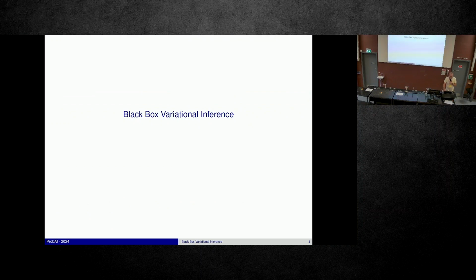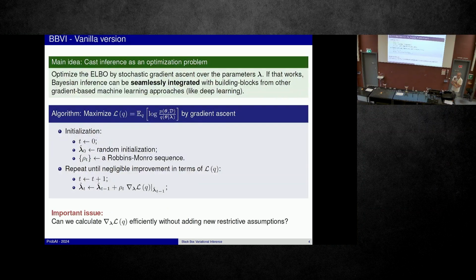Okay, so black box variational inference. We want to somehow optimize the ELBO by gradient methods, and the motivation for this is that then we don't have to restrict ourselves to model classes where we can do the calculations by hand as we did before lunch.